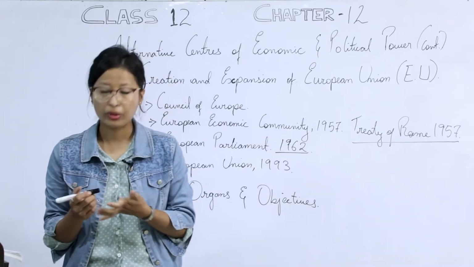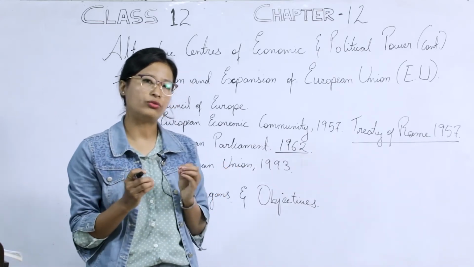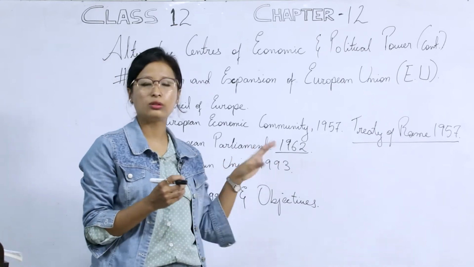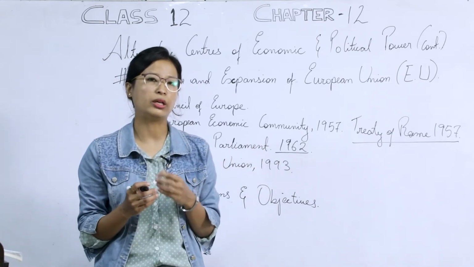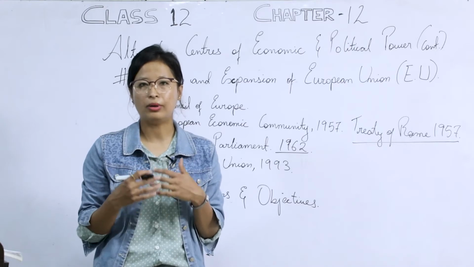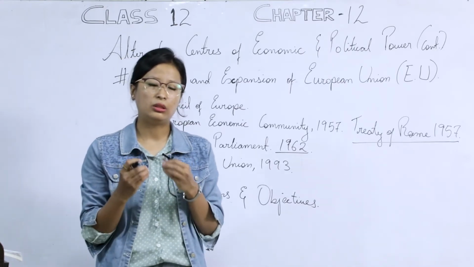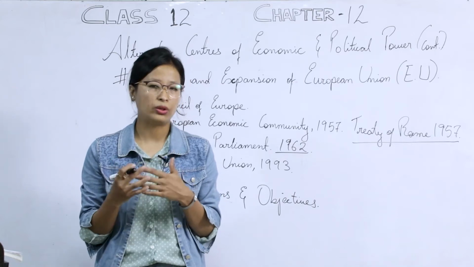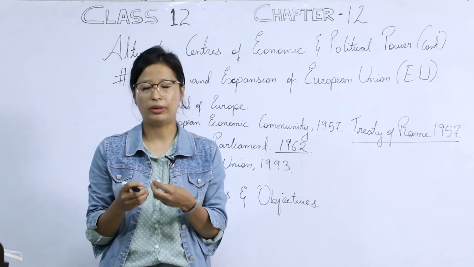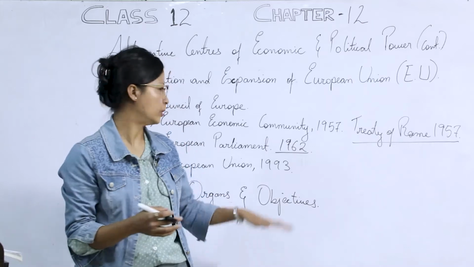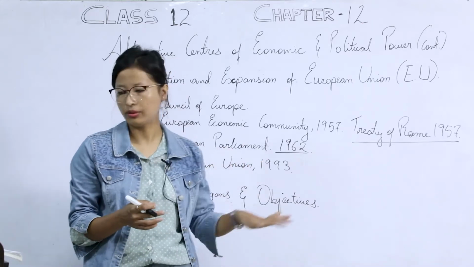The European Parliament consisted of delegates chosen by the parliaments of the member states. That is, we have around 12 countries, and the parliaments of these 12 countries elect the members to represent their country in this European Parliament.